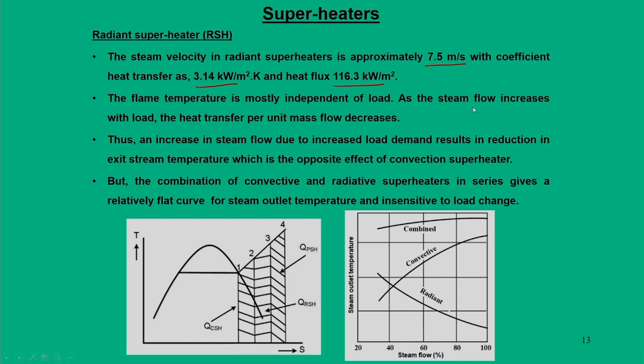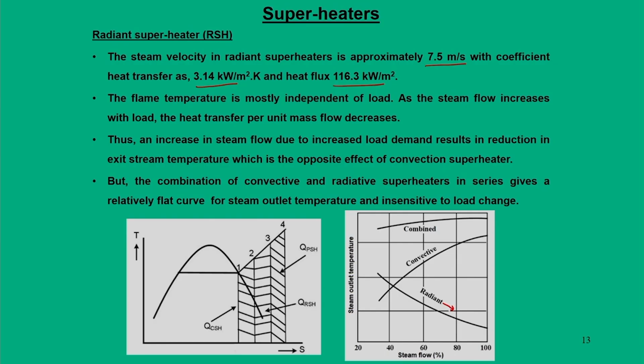So, as the steam flow increases, the heat transfer per unit mass flow rate decreases. This is the characteristic curve. When you increase the steam flow rate, the outlet temperature drops. This is the biggest disadvantage of the radiation mode of heat transfer.